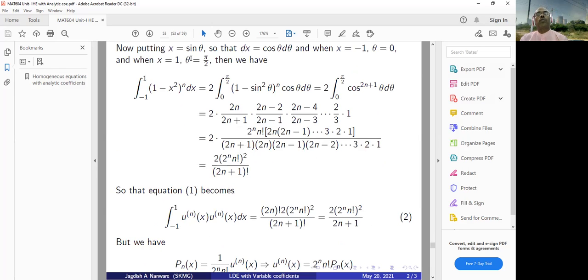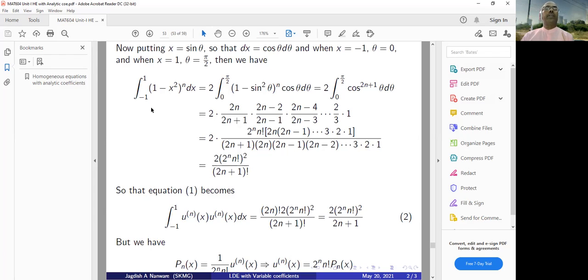We put x equal to sine theta, and if you differentiate this, dx by d theta is equal to the derivative of sine theta, which is cos theta, and we put upper and lower limits. Whenever the lower limit is minus 1, theta is 0. Whenever the upper limit is 1, theta is pi by 2.